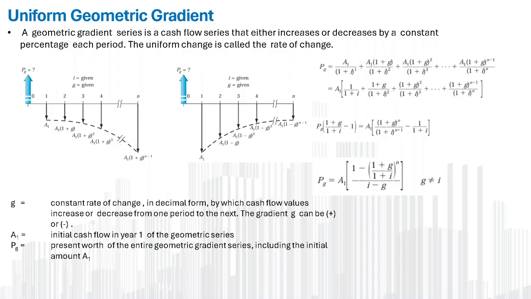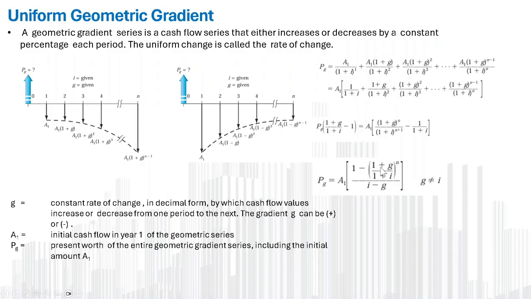Okay, so ito yung pinaka-basic derivation ng formula and you will arrive with this particular equation. So ito yung magiging PG natin, yung geometric present worth growth rate. Ito yung present worth geometric gradient natin and then here's yung respective formula niya.